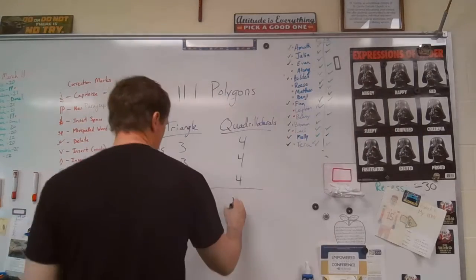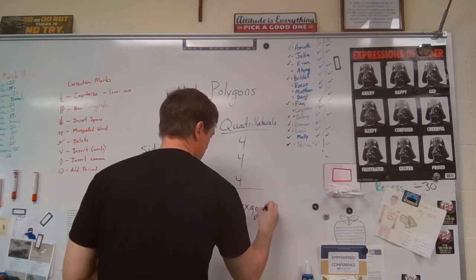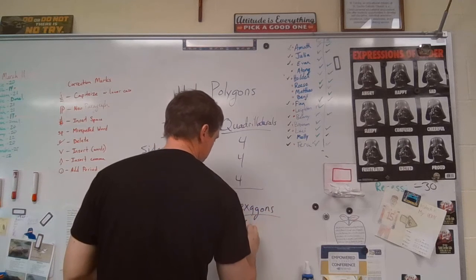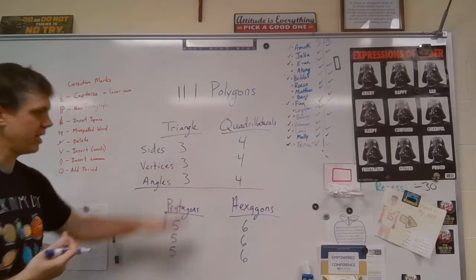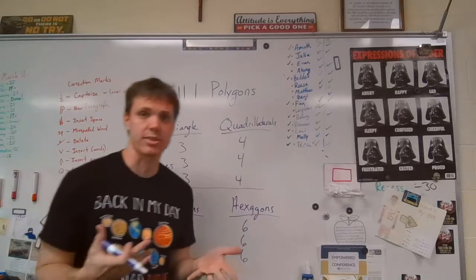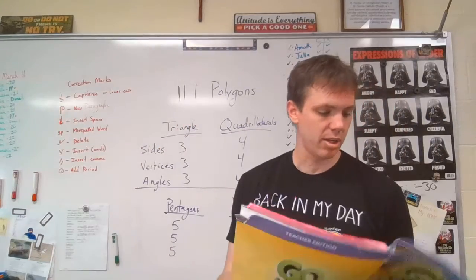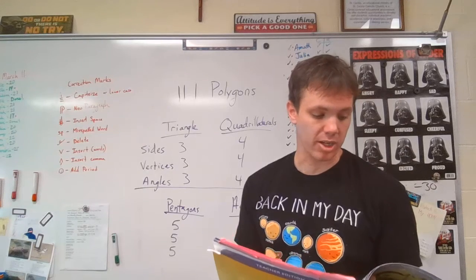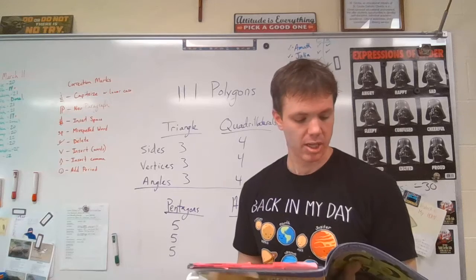All right, so then we have hexagons, which are 6, 6, and 6. You kind of get the idea here, right? So it's going to go from this just through all the rest of them. So we go pentagon, hexagon, heptagon is 7, which is kind of a weird one that you won't run into a whole lot.